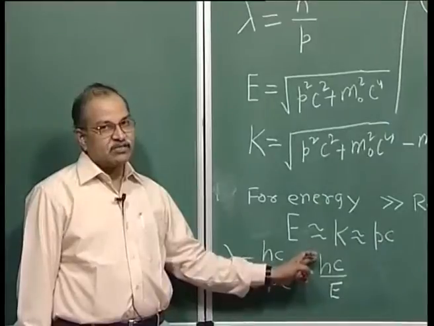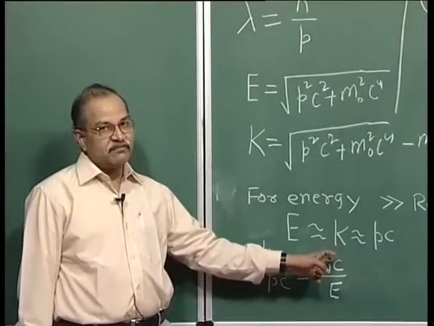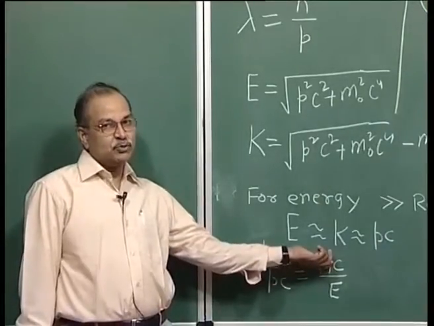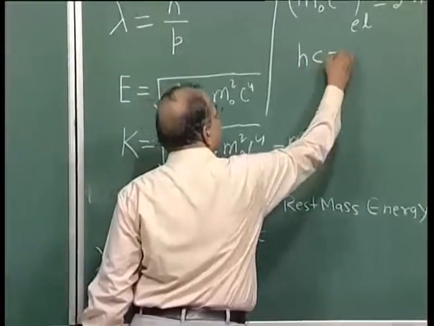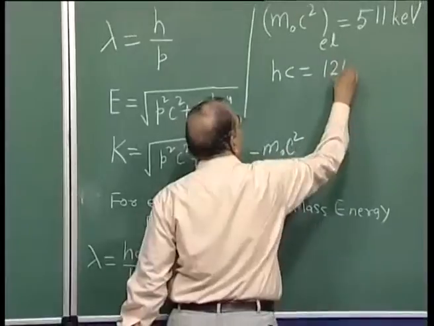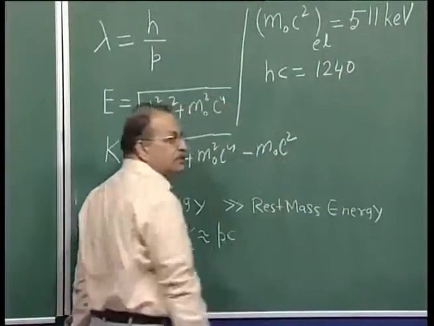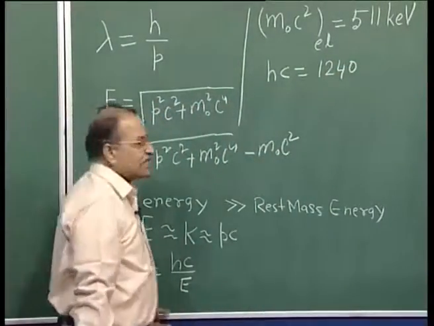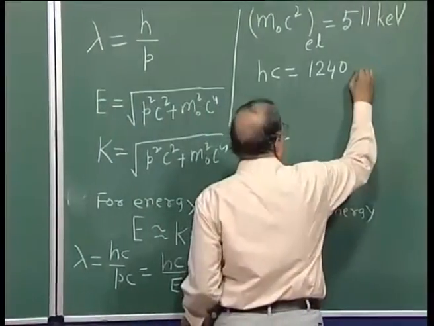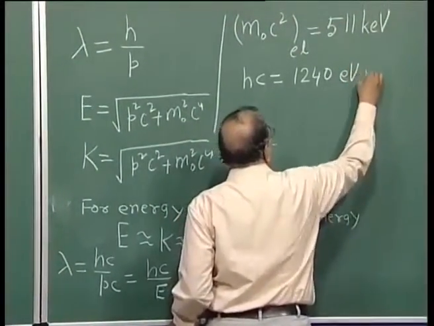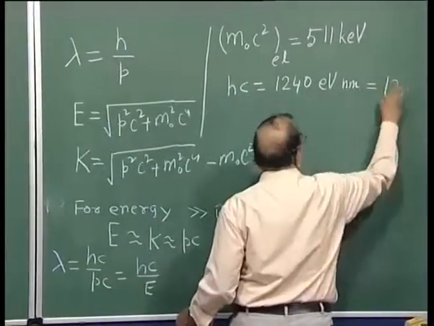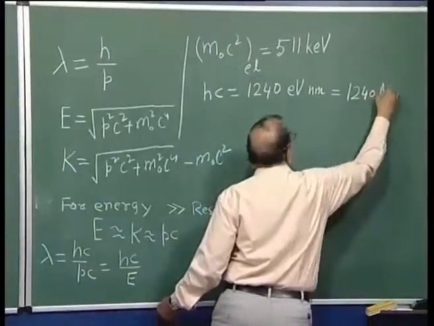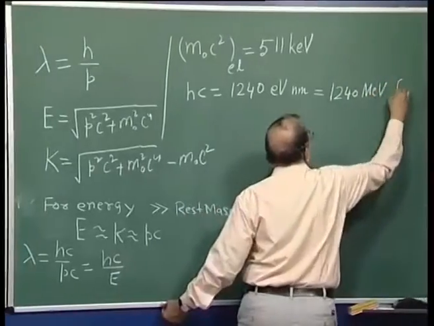H is the Planck's constant, c is the speed of light, and if you multiply these two things, they come out to be h into c is 1240. You can write it electron volt nanometer, or the same unit you can write mega electron volt and femtometer.